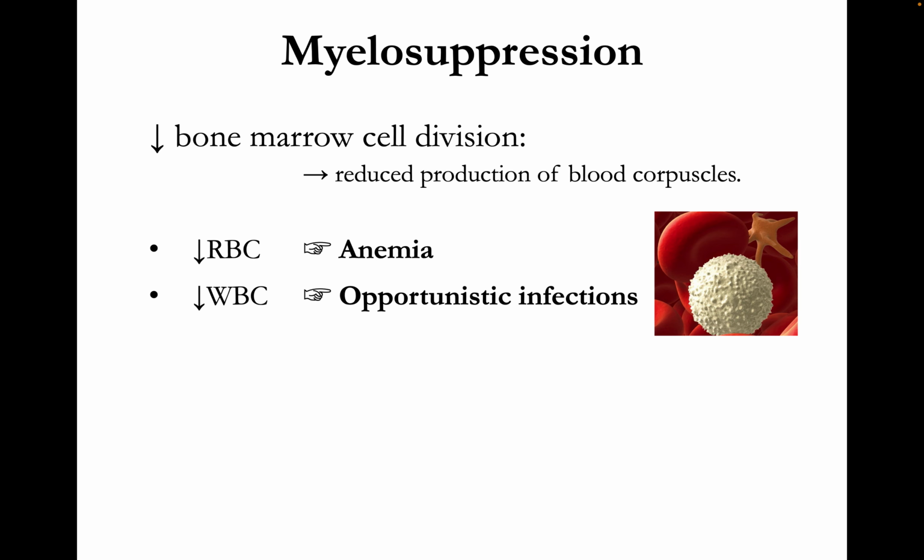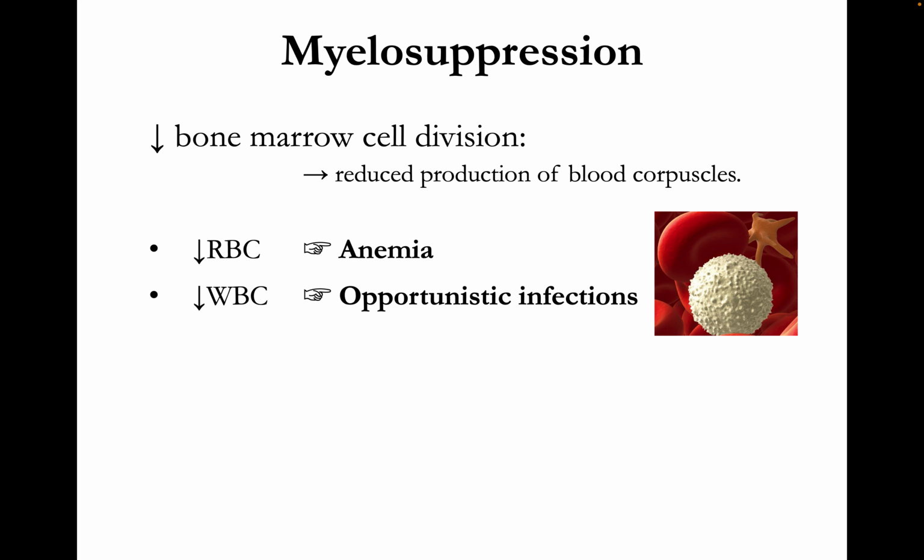Cancer cells can decrease leukopoiesis, affecting WBC count. Remember, leukocytes, particularly neutrophils, are the first and primary line of defense against infection. Myelosuppression can increase the risk of opportunistic infections. If there is leukopenia, body will be prone to infections.